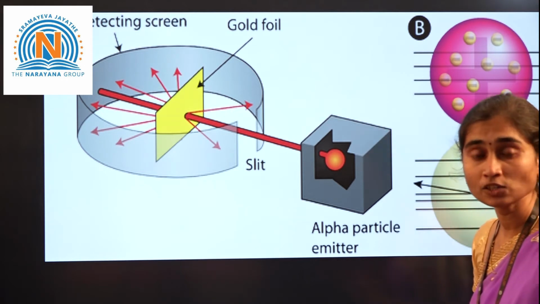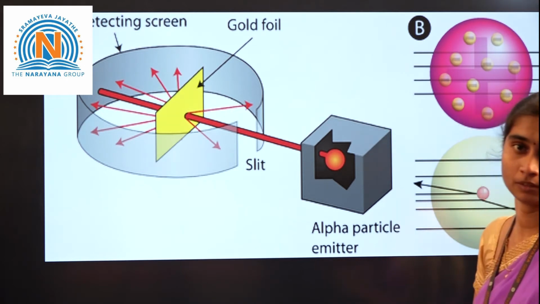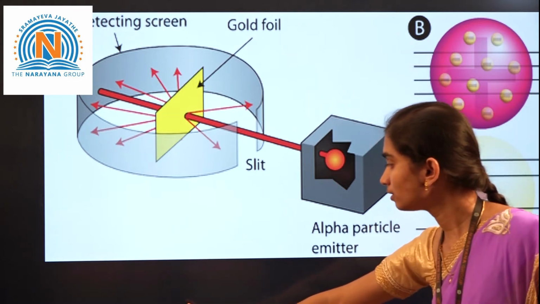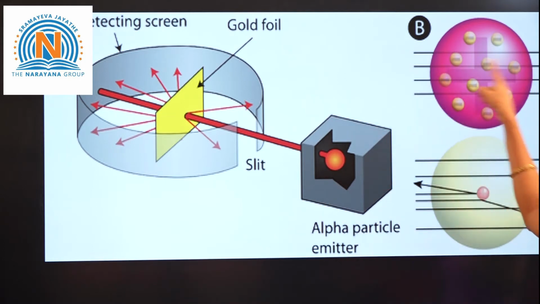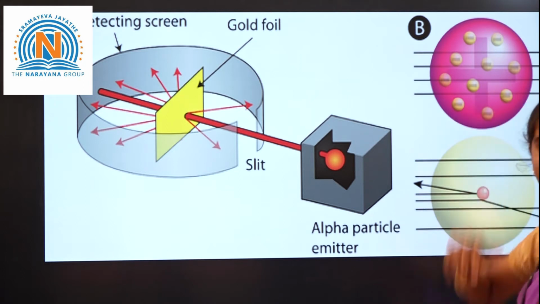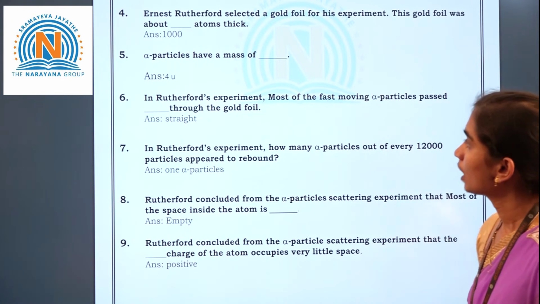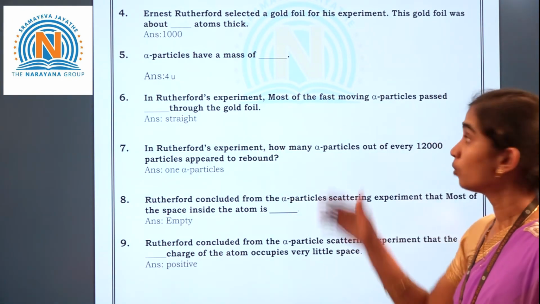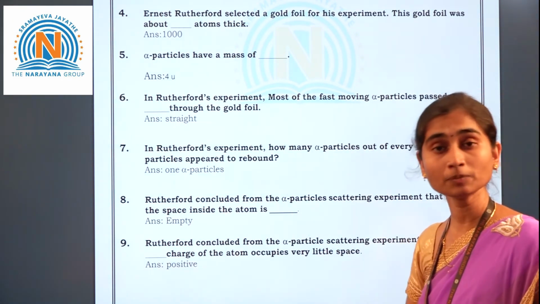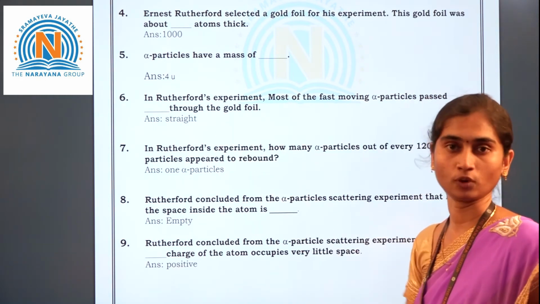Because of what nature? Most of the atom is empty space. So we can observe this straight line direction. So in Rutherford's experiment, most of the fast moving alpha particles passed straight through the gold foil.